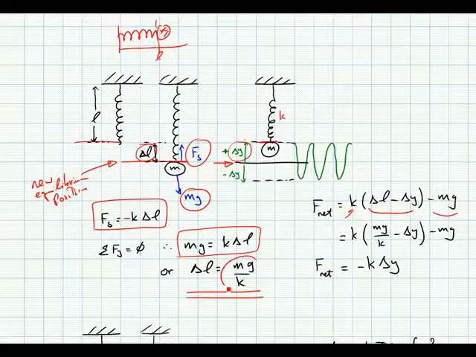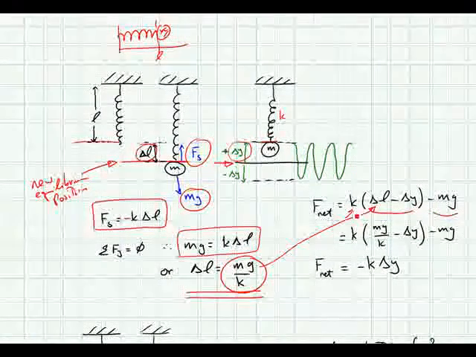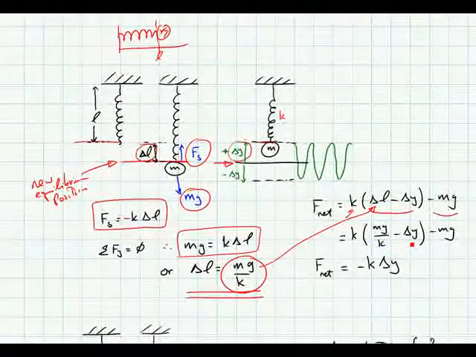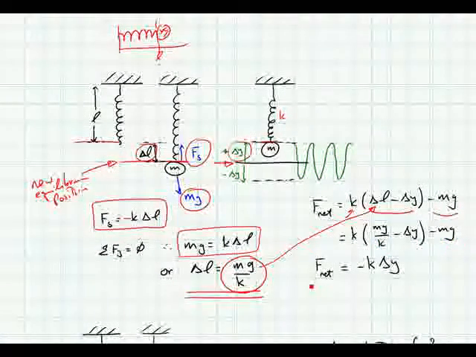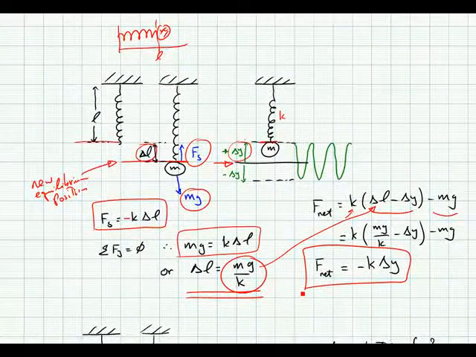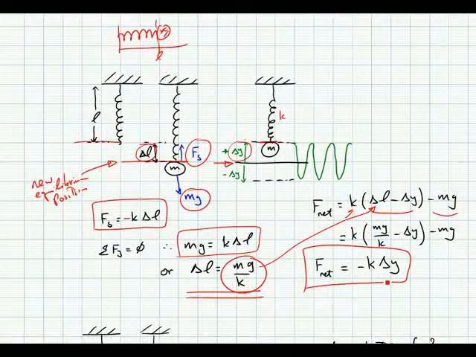Now substituting in for delta L, putting mg over k for delta L, we end up with k into mg over k minus delta y, minus mg. So the net force on the bob while it's oscillating is simply given by minus k delta y.